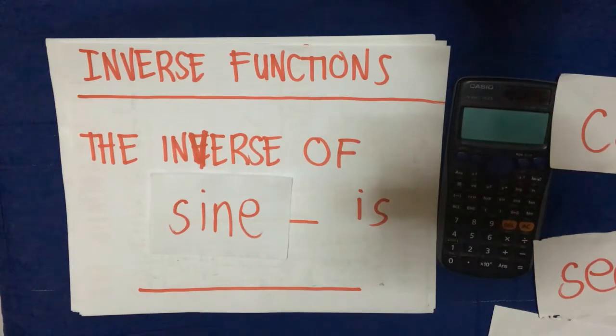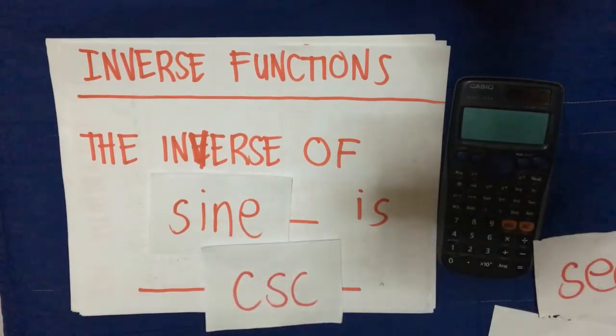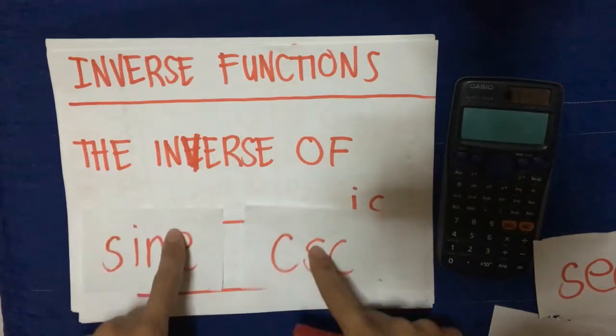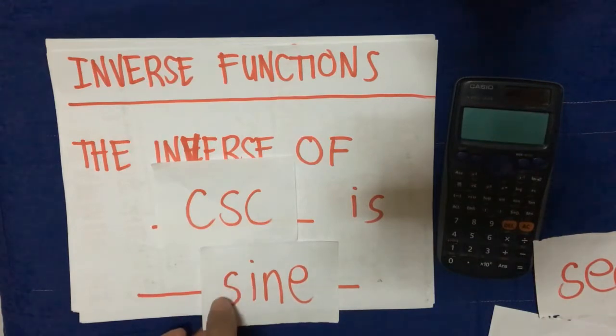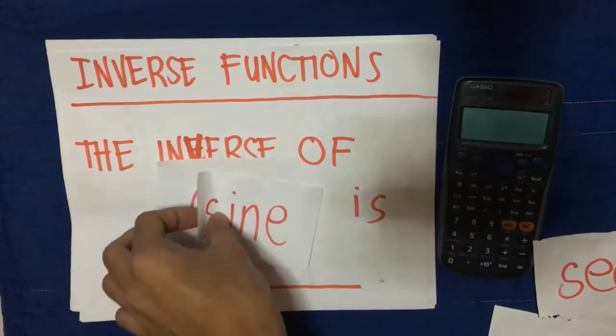The inverse function of the sine is the cosecant. Therefore, sine and cosecant are inverse to each other, and that is also vice versa. The inverse of cosecant is sine. That is the first trigonometric inverse function.